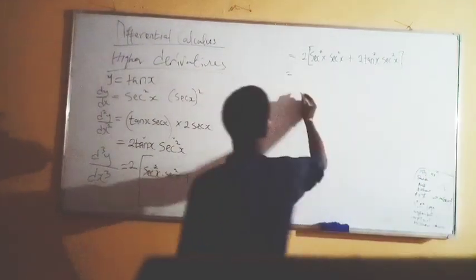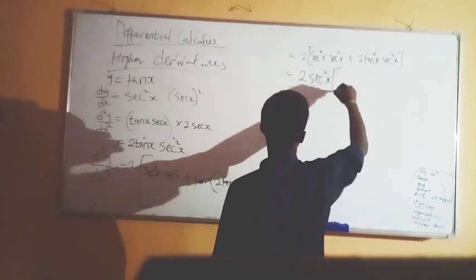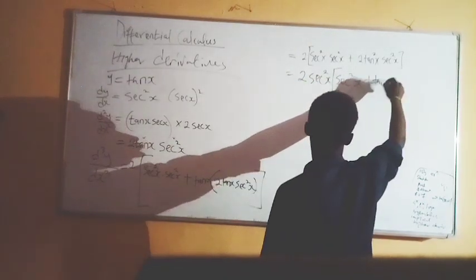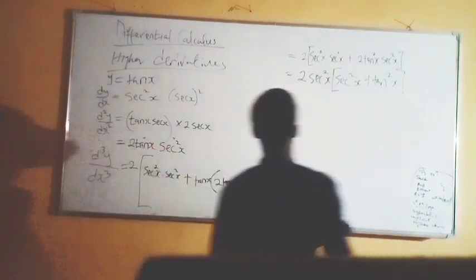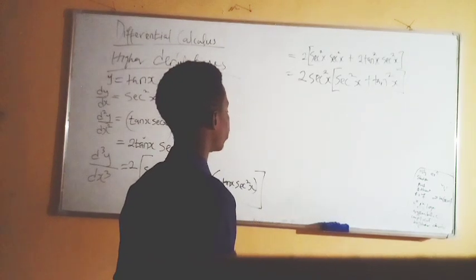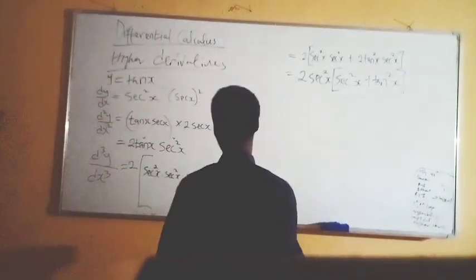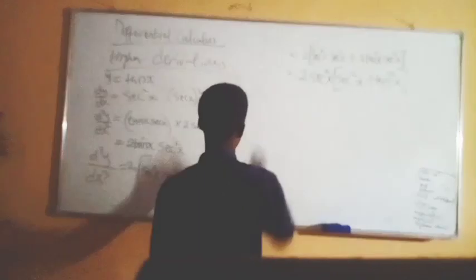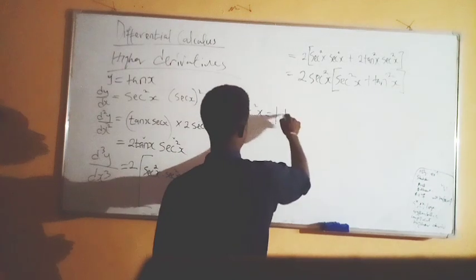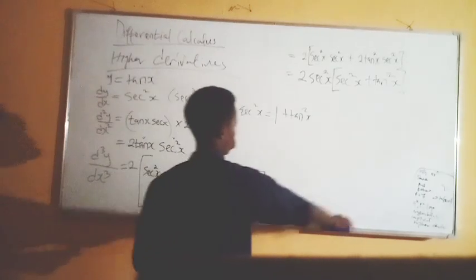This gives us 2 sec squared x into sec squared x plus tan squared x. Well, if you want to follow the rules of trigonometry, we can further expand this, but I suggest we do it this way. If we do expand, of course, we know very well that sec squared x is equal to 1 plus tan squared x. This is the relationship between these two.